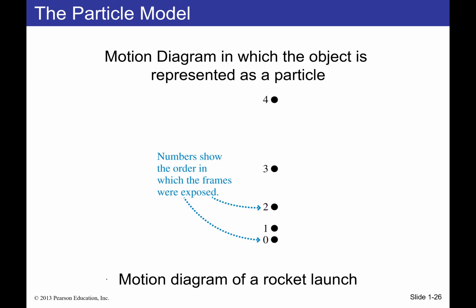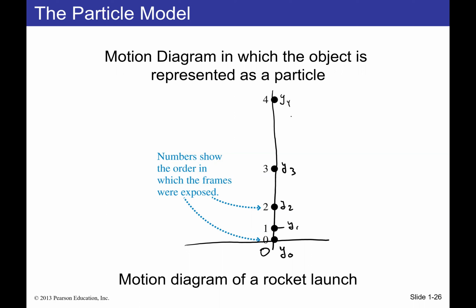And what we have here is, let's say this is now vertical. I can draw a vertical line and take this to be the origin. Let's say this is position 0, then this will be position 1, position 2, position 3, position 4, and so on and so forth. And this is basically a motion diagram of a rocket launch.